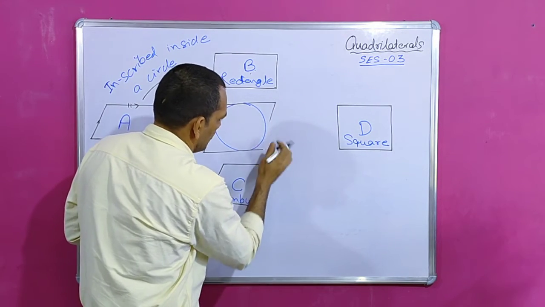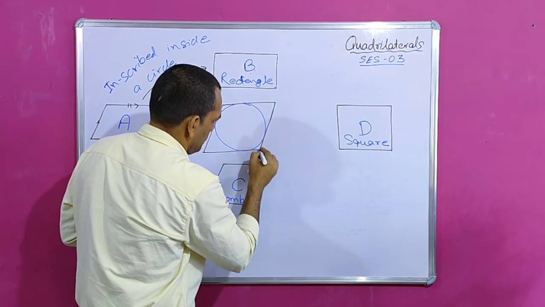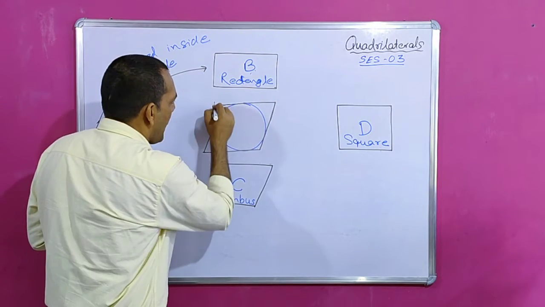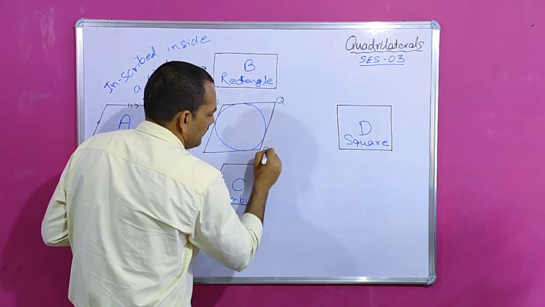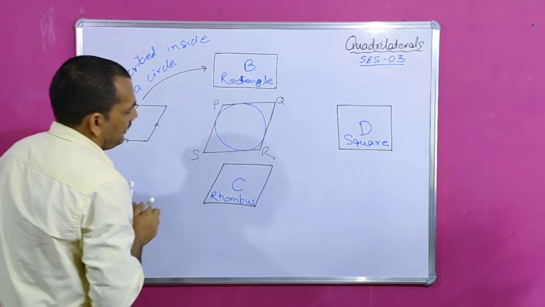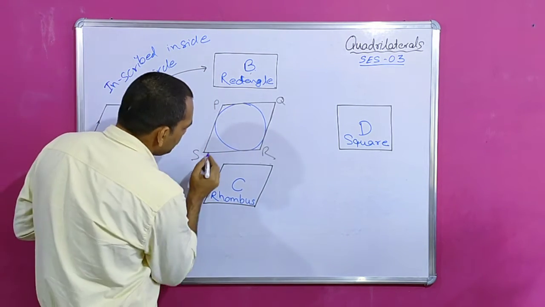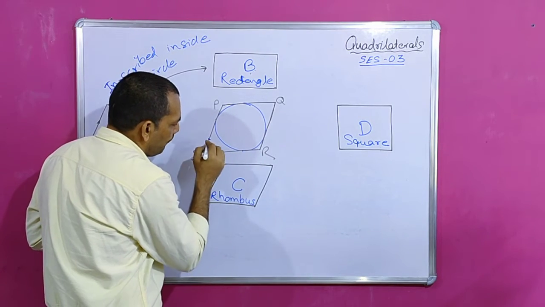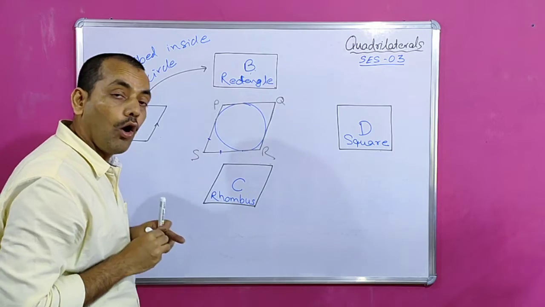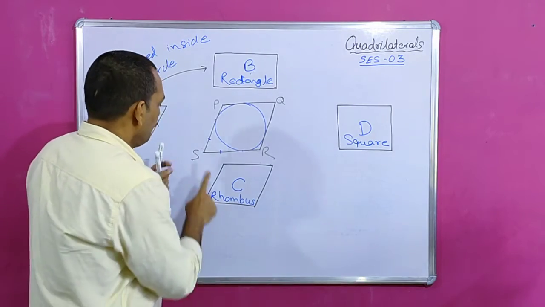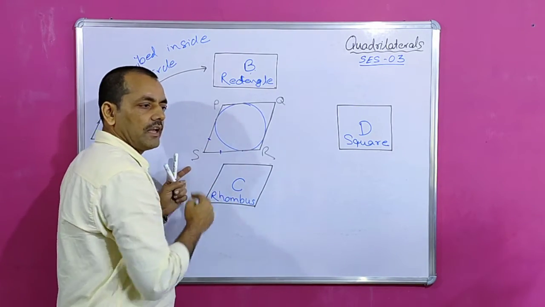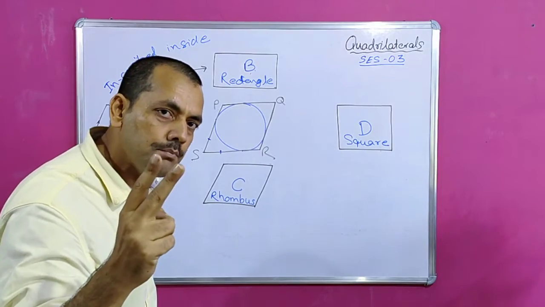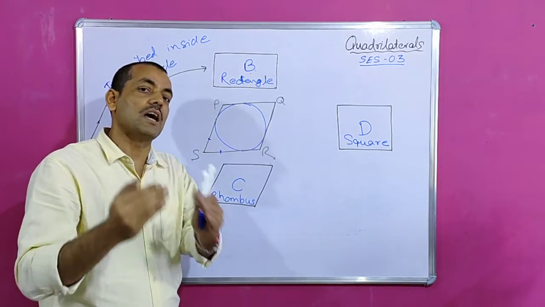Let's assume it is touching. So if I consider from S, from this point there are two tangents. So both of these two tangents are always equal. From one point outside the circle, exactly two tangents can be drawn, and both the tangents are always equal.